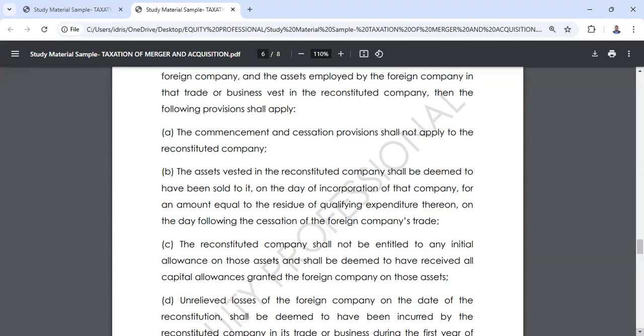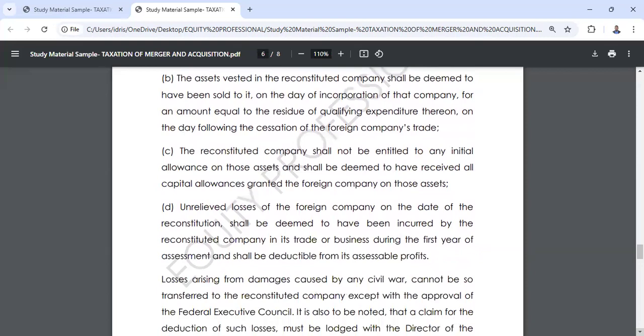You assume that before the reconstitution, those assets have enjoyed all the annual allowance accrued to them. Another tax implication: unrelieved losses of the foreign company on the date of reconstitution shall be deemed to have been incurred by the reconstituted company.